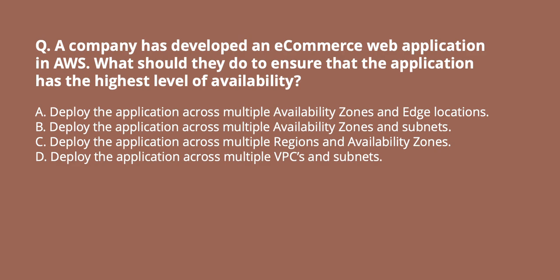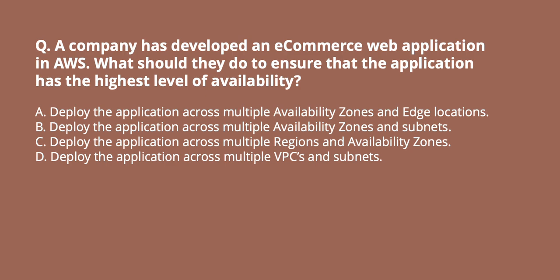Next, we have a company that has developed an e-commerce web application in AWS. What should they do to ensure that the application has the highest level of availability? So we need to ensure that the application has the highest level of availability. Option A, deploy the application across multiple availability zones and edge locations.